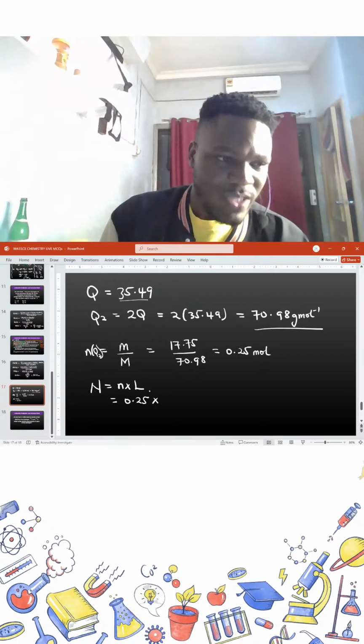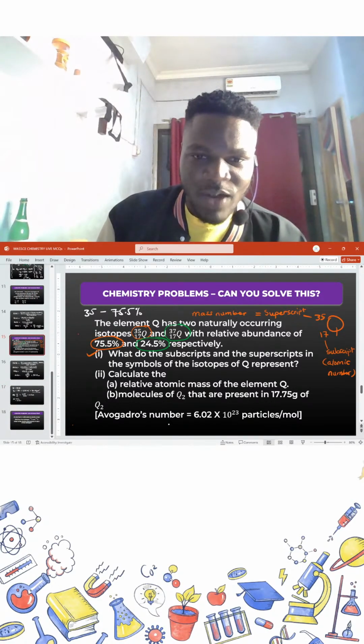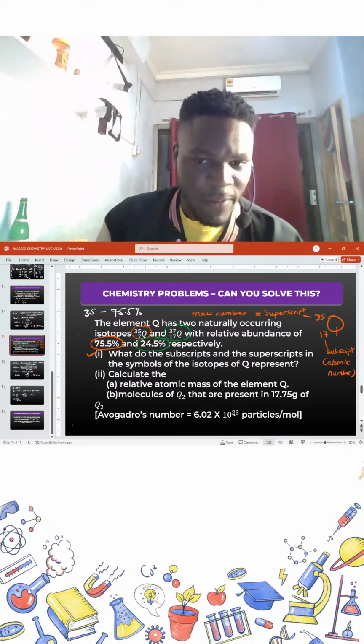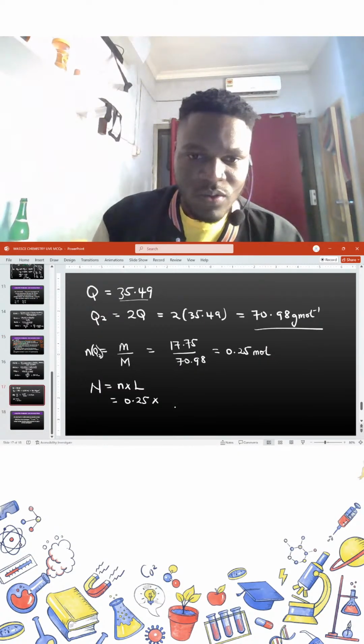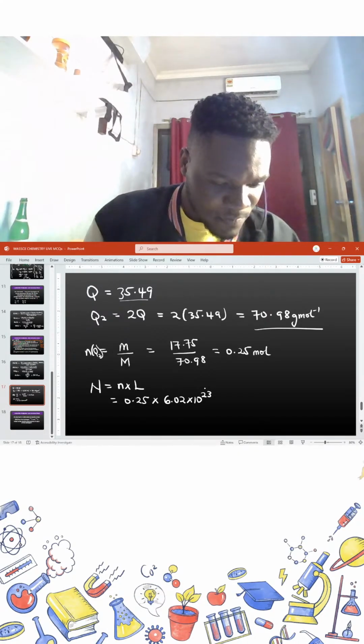L was given to us in the question originally. So if you look over here, the Avogadro's number is 6.02 times 10 raised to the power 23. Okay, so we use that to multiply this.